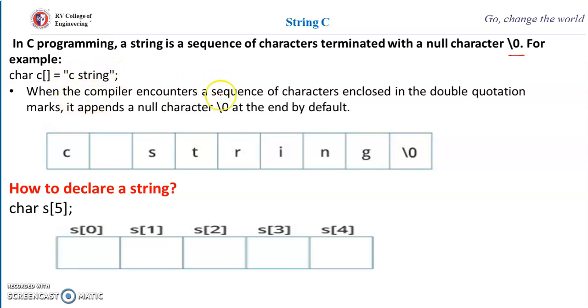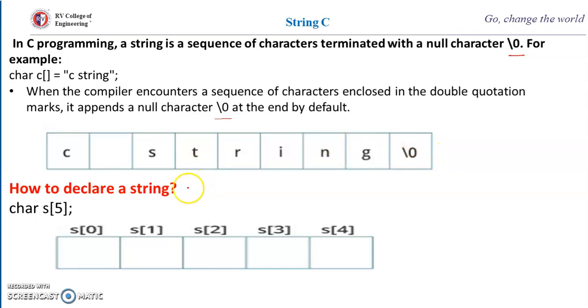So whenever a compiler encounters a sequence of characters enclosed in double quotation marks, it appends a null character at the end by default. So here the string is C string, so C, and then there is one space and string, and at the end the null character. So like this it will be stored.